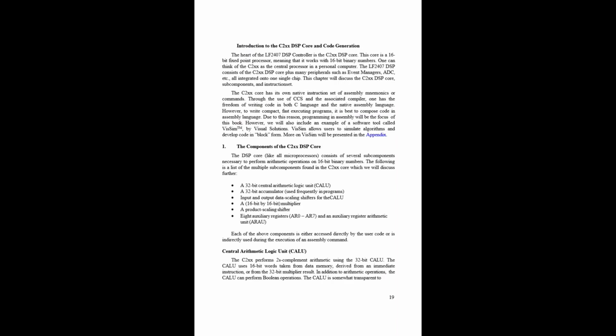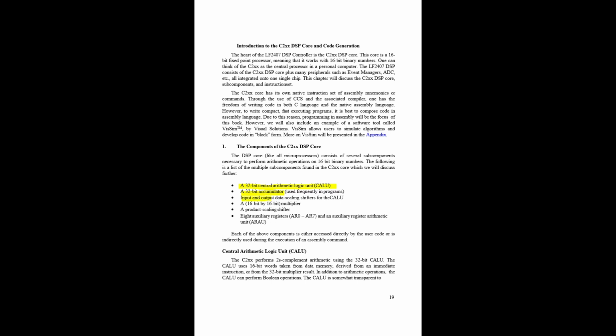Then here are the various components of the C2XX DSP core. I already told you when I was explaining the architecture, it has a 32-bit central arithmetic logic unit, CALU. Then the 32-bit accumulator. Already I told you the 32-bit accumulator is split as 16 and 16.